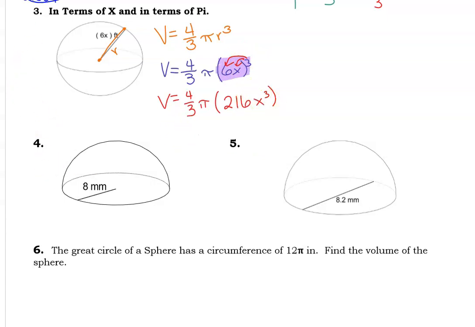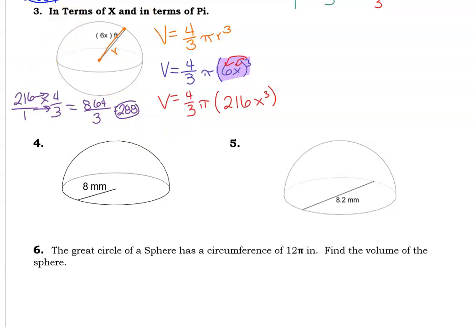I need to multiply my 216 times my 4/3, just like I did on the last one. So multiply those together. And I'm going to put 216 over 1 because it's a whole number. Multiply across. 216 times 4 is 864 over 3. When I divide that by 3, I get 288. So nice whole number there.